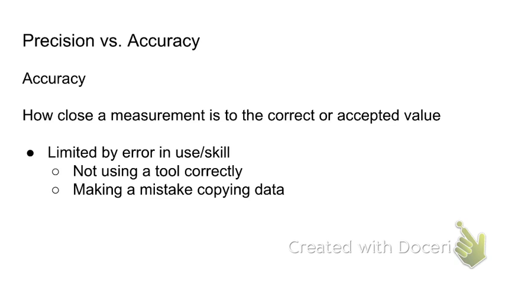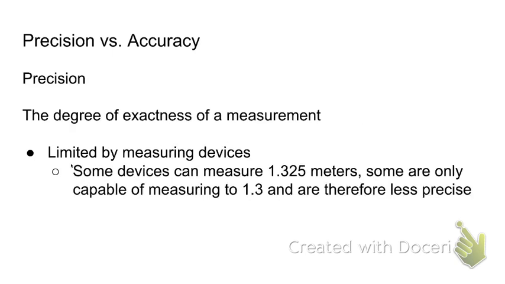On the other side of this, we have precision. Precision is measuring the degree of exactness of your measurement. Essentially, more precise answers give us more data. And this is usually limited by your measuring device.